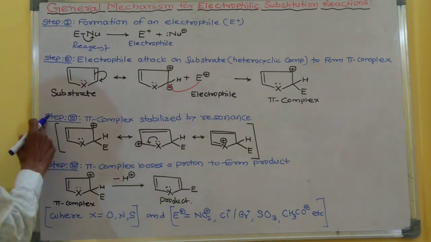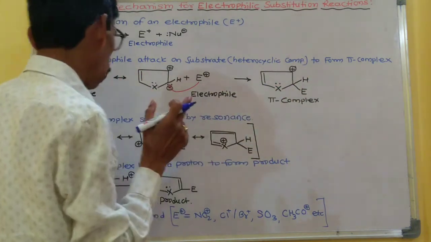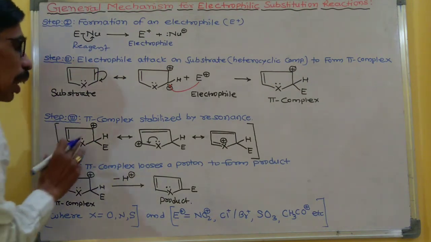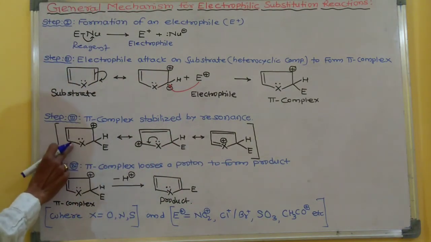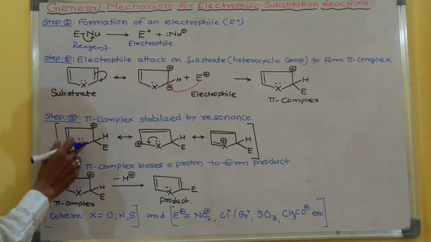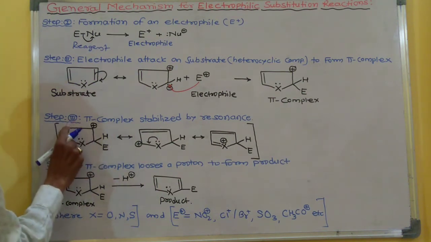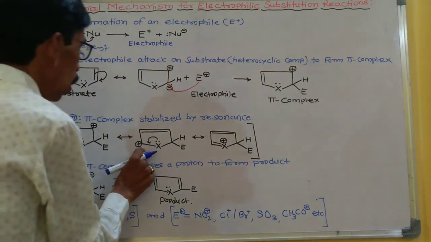Now this pi complex is stabilized by resonance, and due to this resonance the pi complex becomes stable. So this is the resonance stabilization. In this case, the bond is transferred between these two carbon atoms, and this carbon atom carries the positive charge.